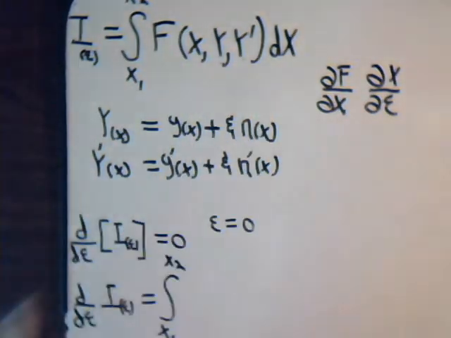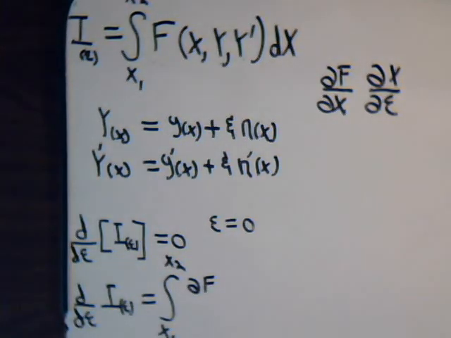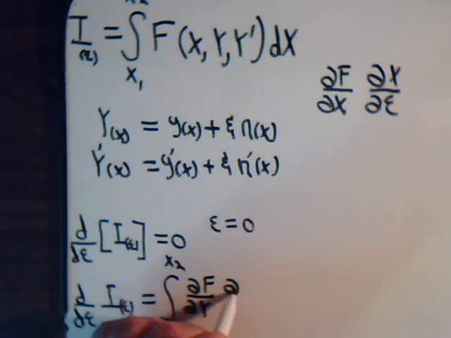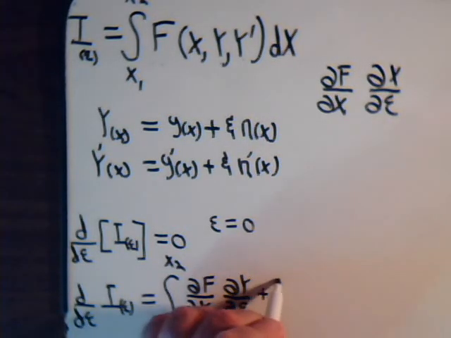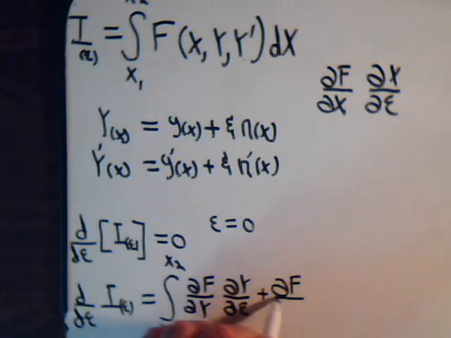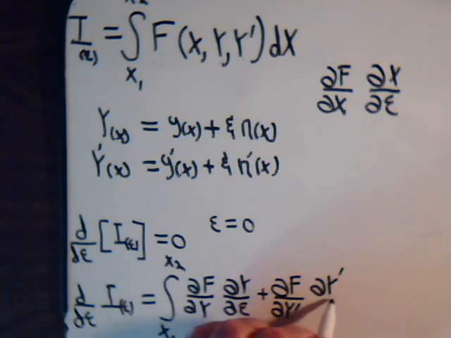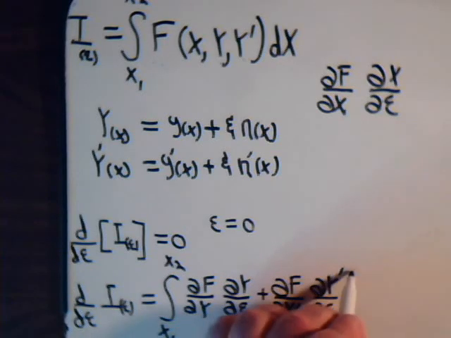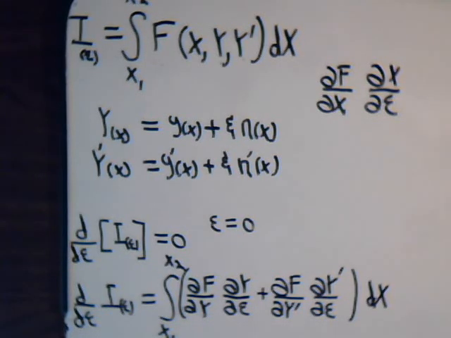Just this general function x, so we're going to have the partial of f with respect to y, capital Y, then the partial of capital Y with respect to epsilon, plus the partial of f with respect to capital Y prime, the partial of capital Y prime with respect to epsilon, dx.